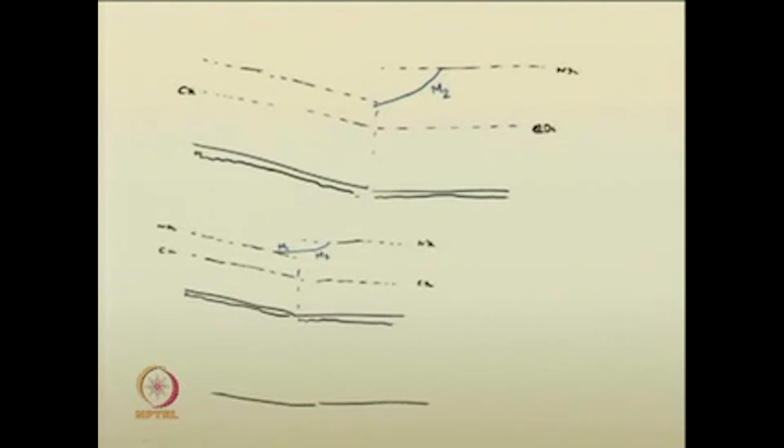mild slope. For the mild slope, critical depth, normal depth, the normal depth line is here like this.